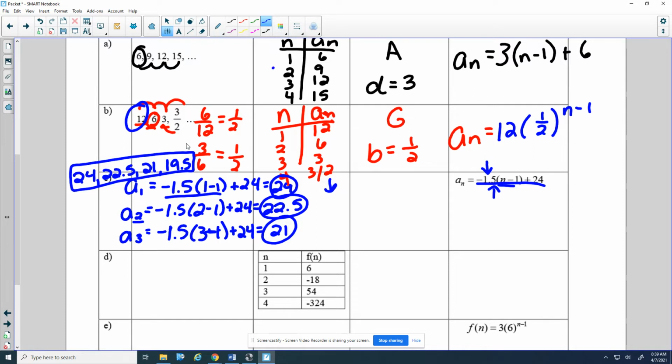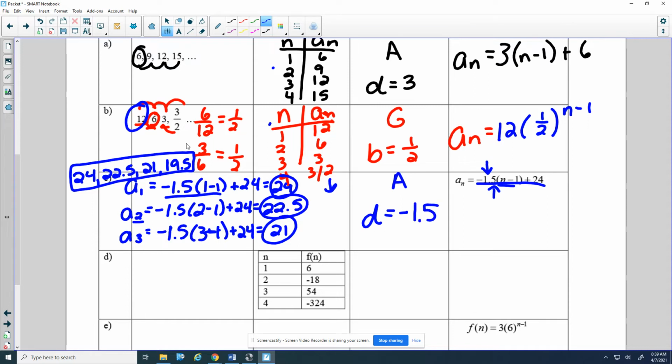I think with these two table examples, we get what's going on. Because we're adding a negative number each time, that counts as arithmetic. And my d value, the number I'm subtracting, or the number I'm adding, but we think of it like subtracting because it's getting smaller, is negative 1.5.